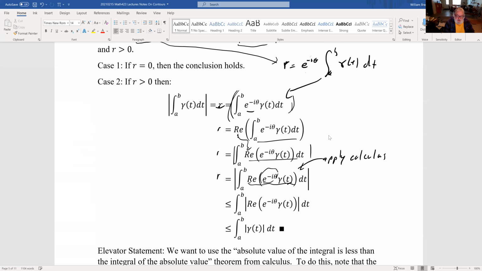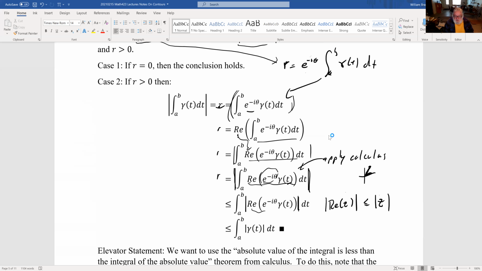So what we know from integrals about calculus is that the absolute value of the integral is less than or equal to the integral of the absolute value. But we also know that the modulus of a number is less than or equal to the modulus of the function itself, right? If you think about a complex number z, the length of that is the modulus of z, which is at least the modulus of the real part of z.